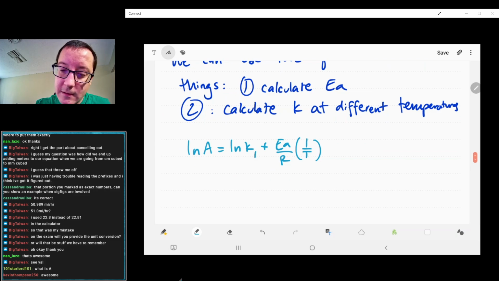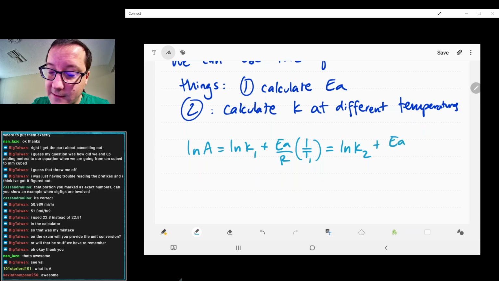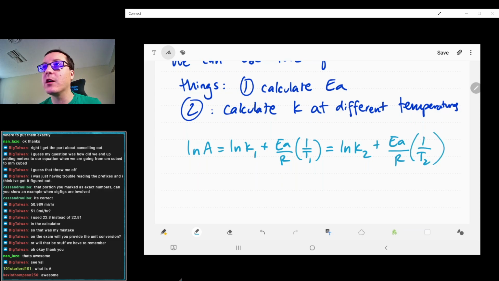Notice that this would be at whatever temperature we want, and we would have a particular K at that temperature. Since ln A does not have a temperature dependence, it's also equal to the natural log of a different rate constant at a different temperature.